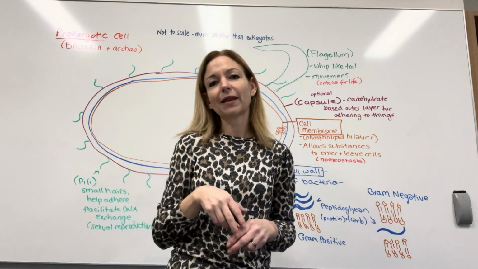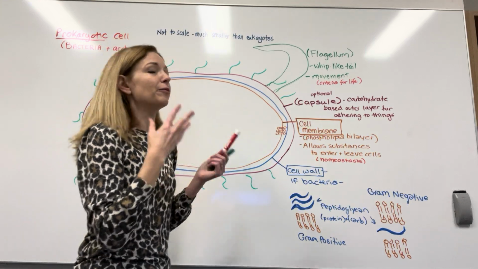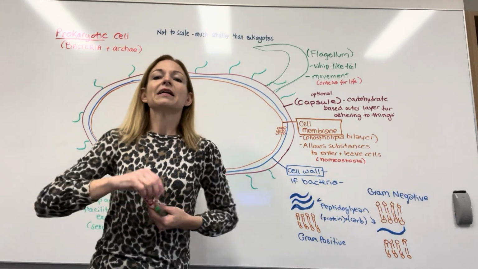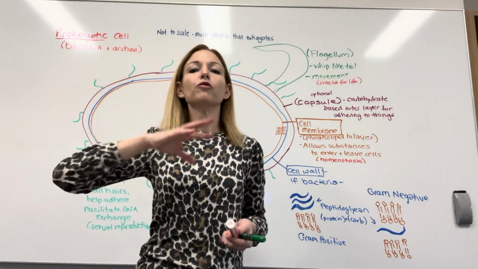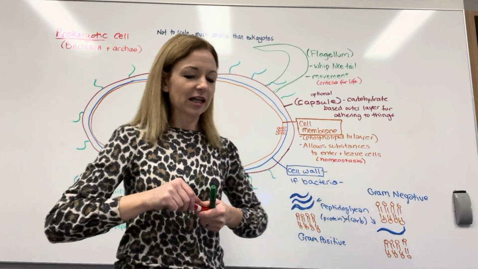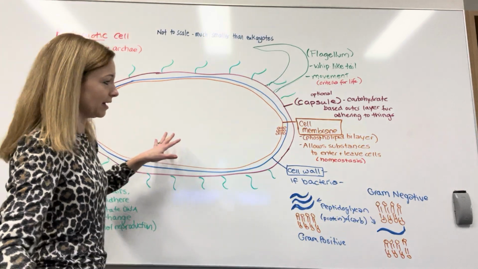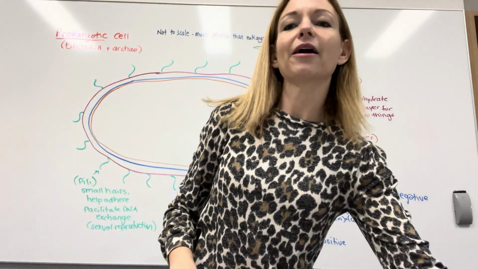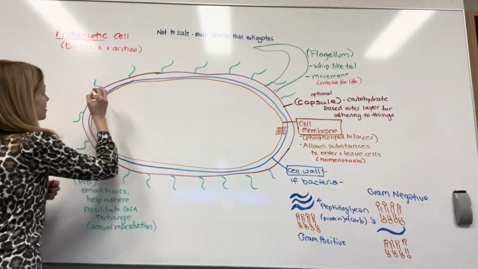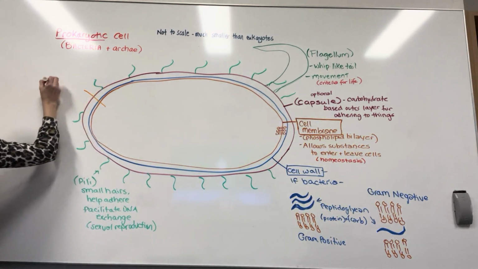So this facilitates that need for having some ability to move location. Their flagella help them with that. Okay, so those are our outside things. This inside area in all organisms is always going to be our cytoplasm.